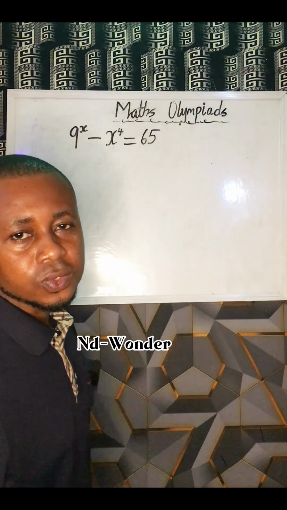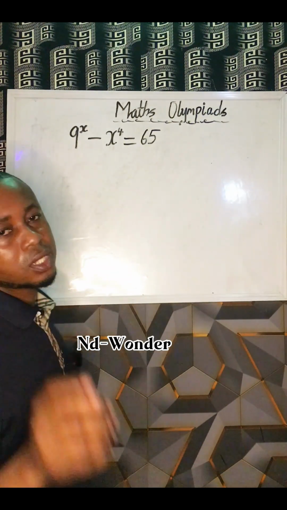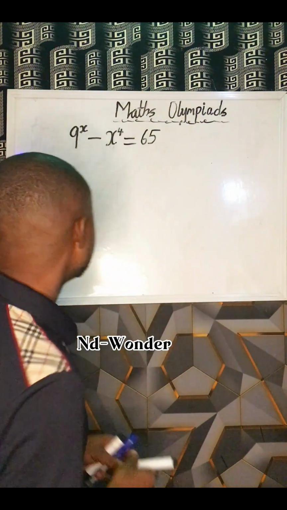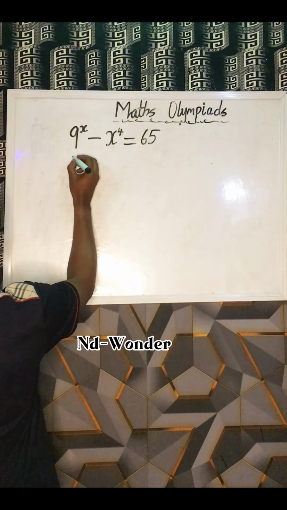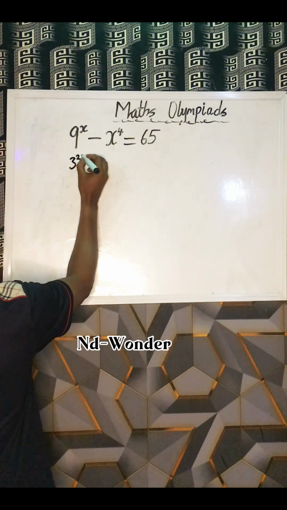The first thing you need to do at this point is to express this 9 as 3 to the power of 2. So what I have here will be 3 raised to power 2.